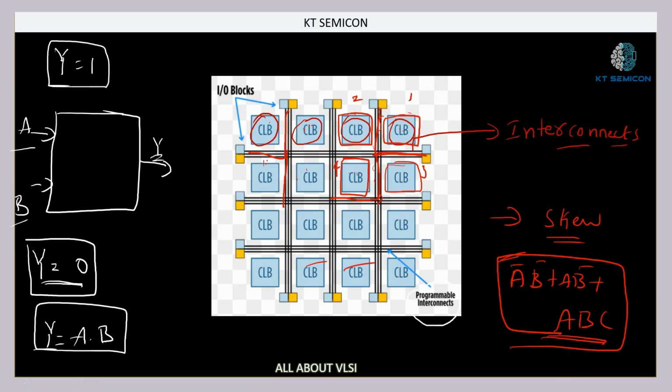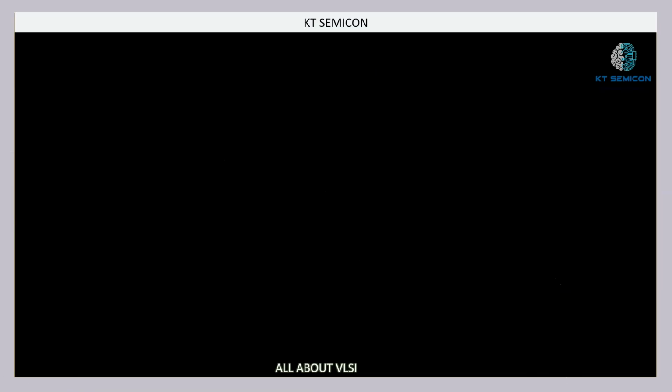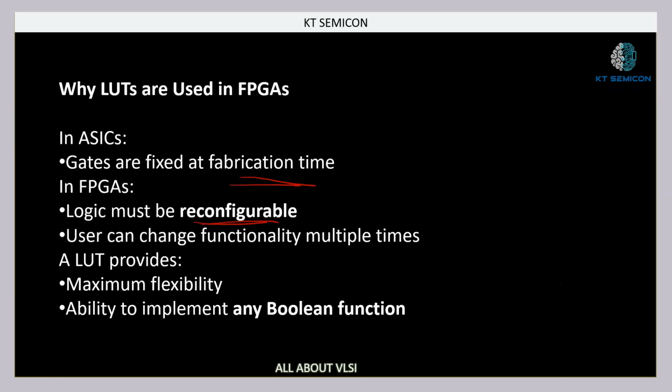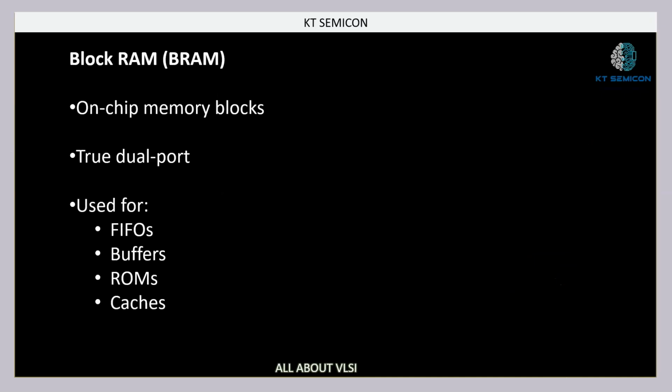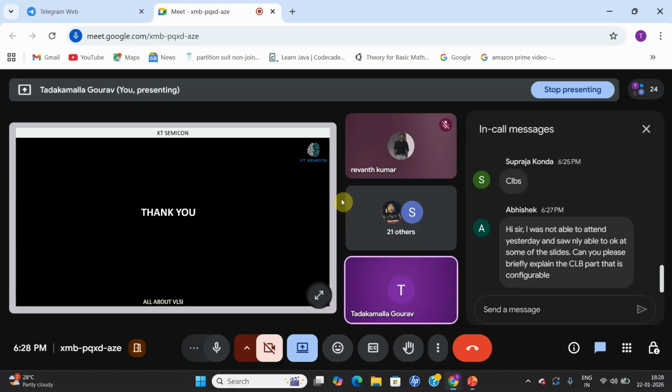All the CLBs will be working parallelly. For implementing a complex Boolean function, your CLBs will divide the work and run in parallel. Using this concept, we can achieve parallelism. So that's why FPGAs are very high speed, and you can achieve parallel processing using FPGAs, right? So that is what we have discussed in our previous sessions, and these were the notes about this topic. I'm not able to get some of this.